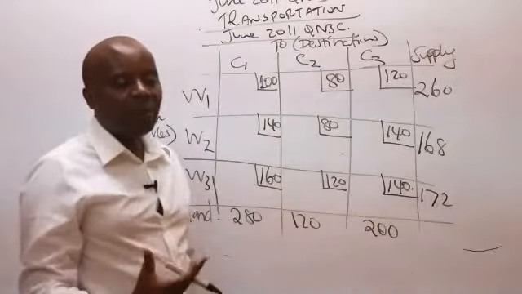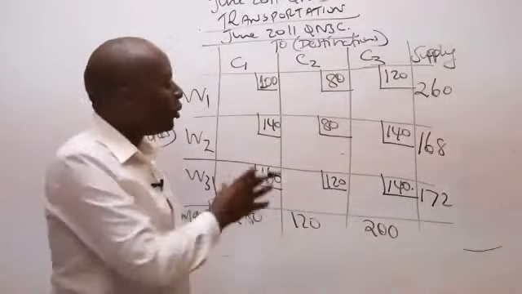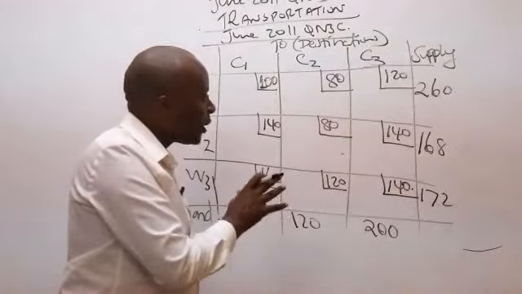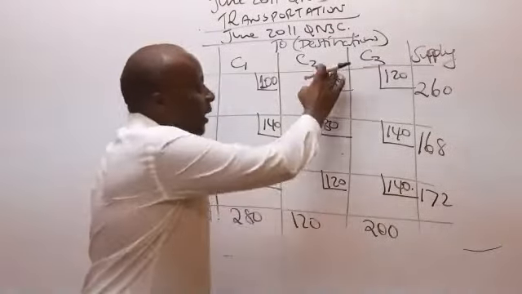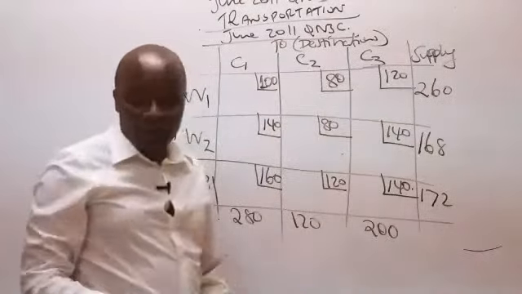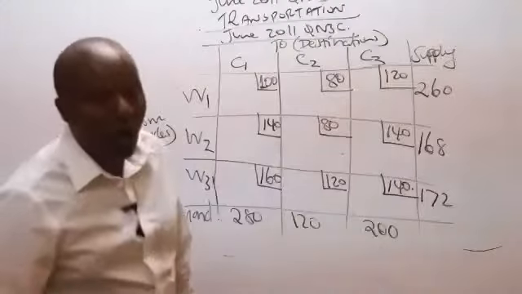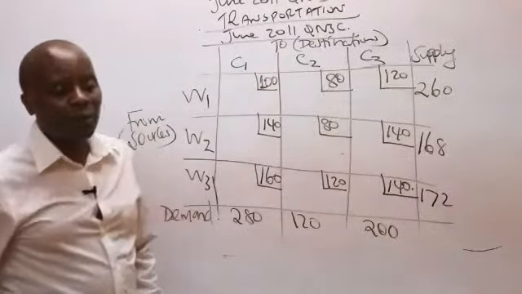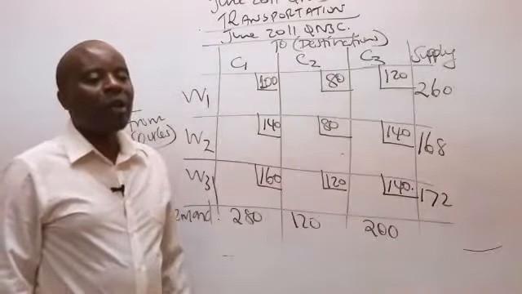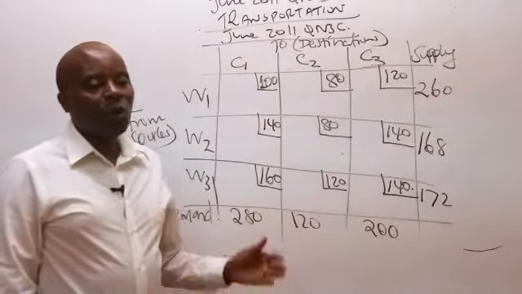I've been able to capture my transportation problem on this general structure. I'm able to see the concept of the suspended cells, these smaller cells, which basically carry my transportation cost per unit. So I want to give you a minute.